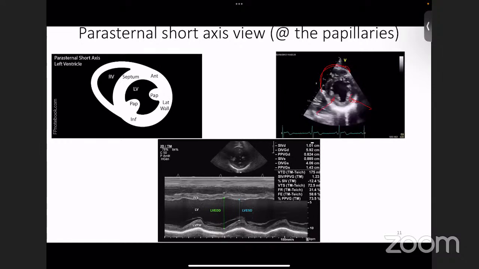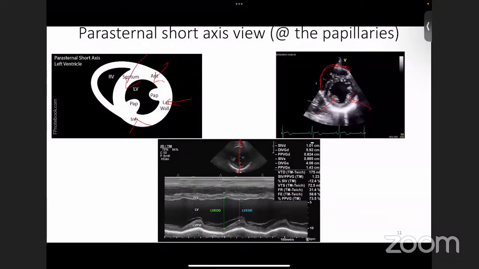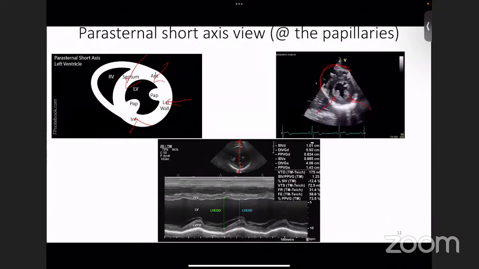These are the regions of the LV: this is the septum, this is the anterior wall, this is the lateral wall, and this is the inferior wall. If you put an M mode on this at the short axis view, you will get an M mode tracing like this. And here also you can calculate the ejection fraction by something called the fractional shortening method.